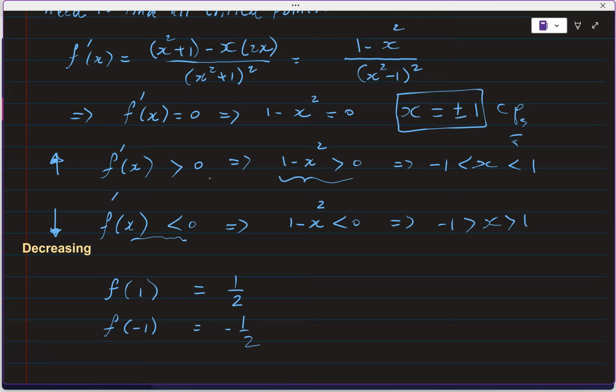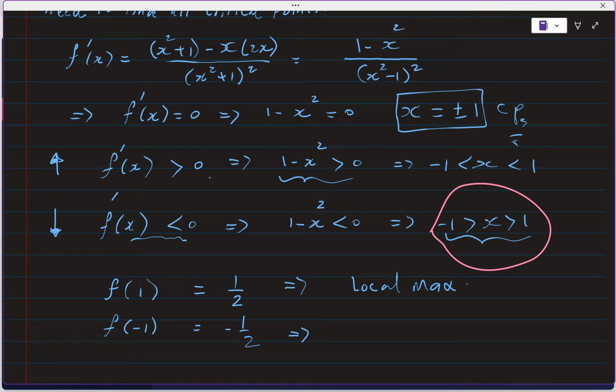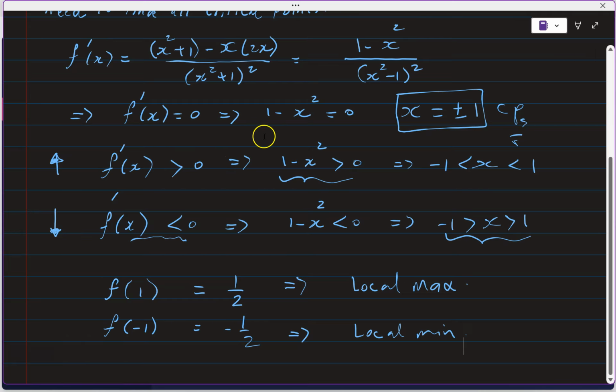So in this case, we found that f of 1 equals 1/2, and because it falls within the first interval, the function is increasing, so there is a local max. And with the negative, it follows the first derivative being less than 0, part of the second interval, and that would be a local minimum for this function. We haven't found the absolute min and max yet, but that's what that is.